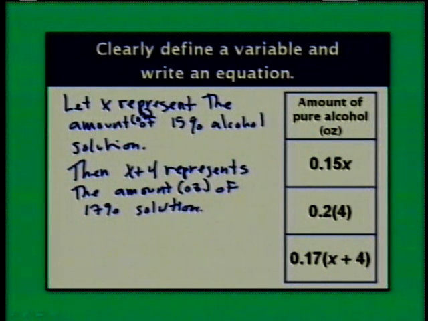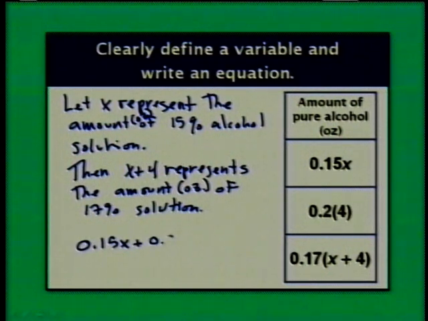Now, when we made the table to try to understand the problem, we observed that the amount of pure alcohol in the 15% solution plus the amount of pure alcohol in the 20% solution had to sum up to the amount of pure alcohol in the final mix. That's our equation. So our equation is 0.15x plus 0.2 times 4.